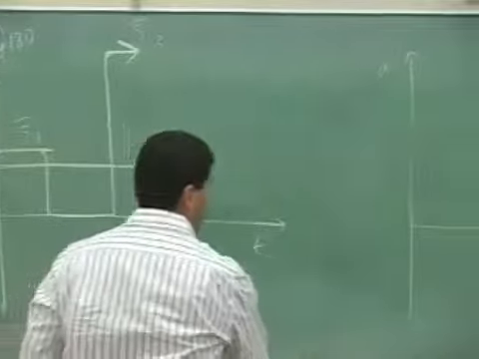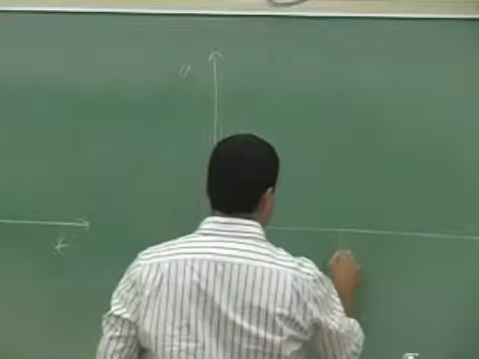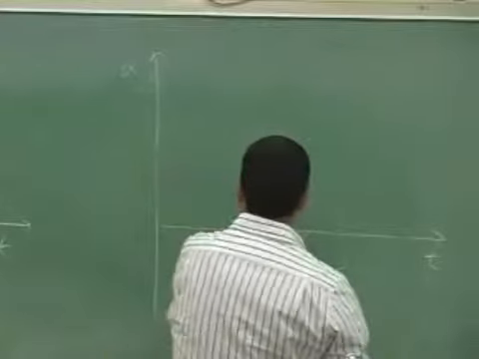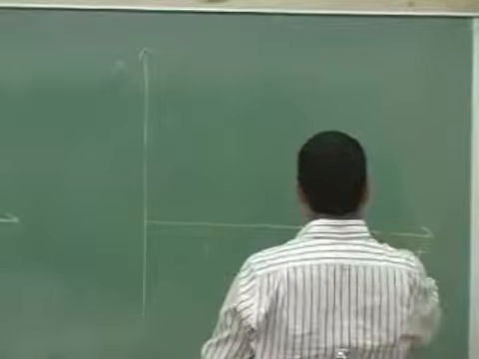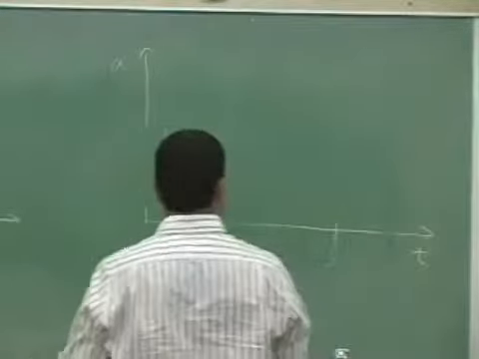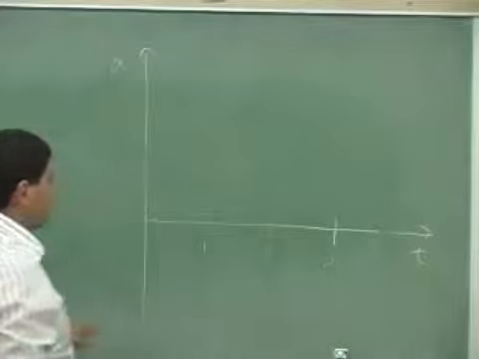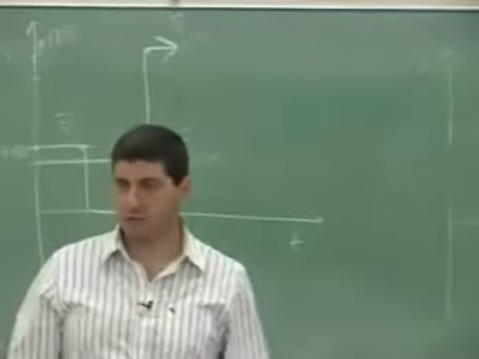The A graph is what is the acceleration doing. Okay, you got 1 hour, you got 2 hours, you got 3 hours. 1, 2, 3. And now, when I'm graphing the A graph, I'm actually graphing the instantaneous acceleration, right?